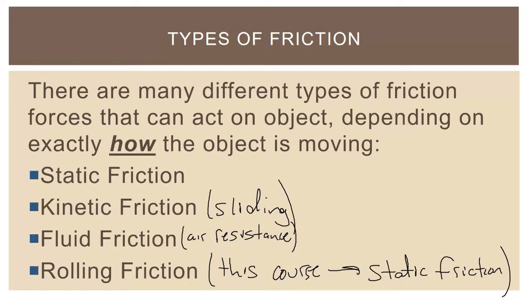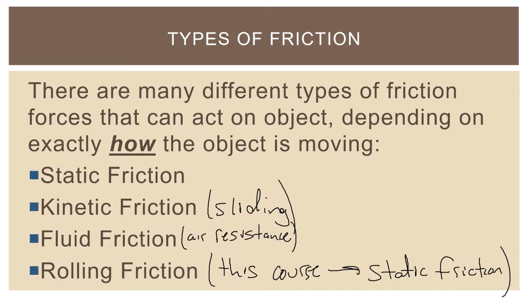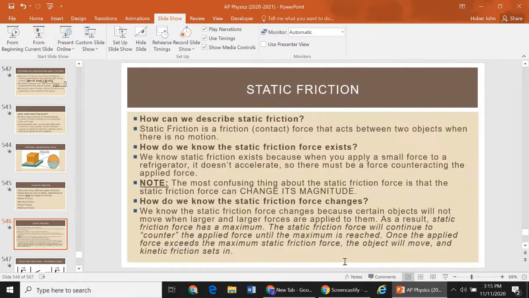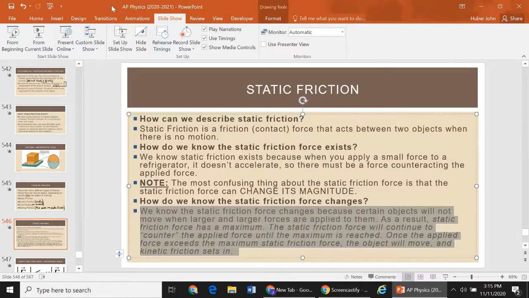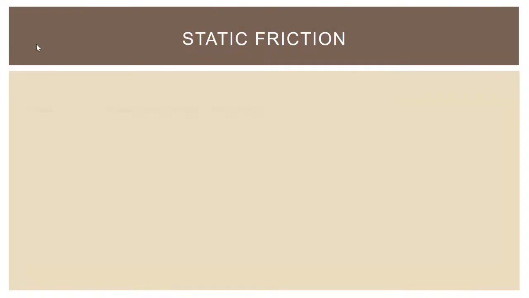Okay, so there's a lot that needs to be said about static friction. And the first thing we're going to say here is a basic description of static friction. How can we describe static friction?